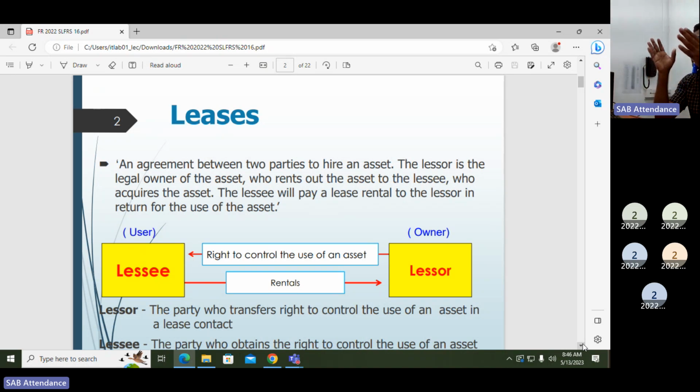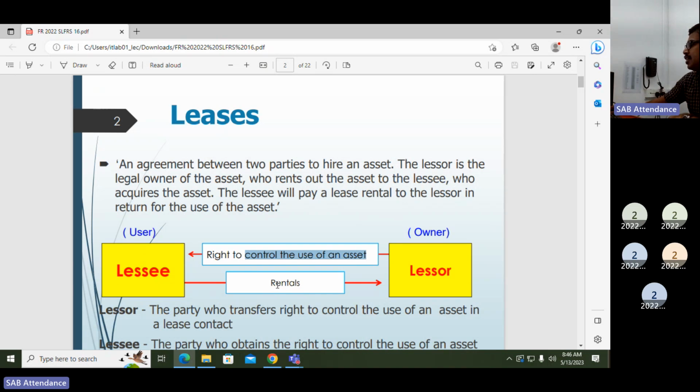For example, say A is having a motor vehicle. B needs a motor vehicle for use. So there can be an agreement between A and B. A is the legal owner of the asset. A transfers the right of use of the asset, the right to control the use of the asset, to the lessee.